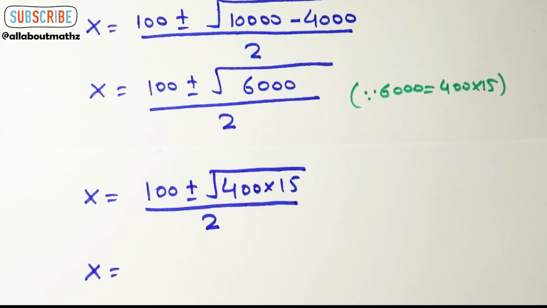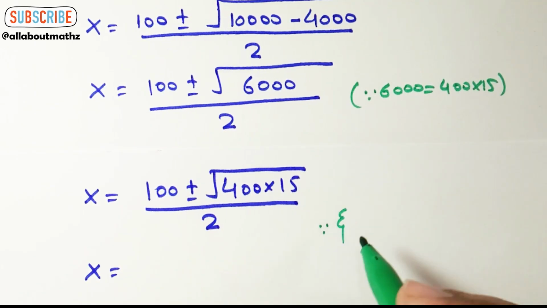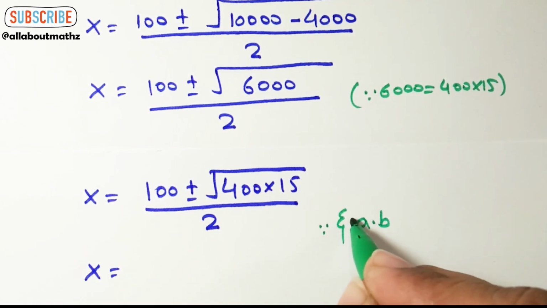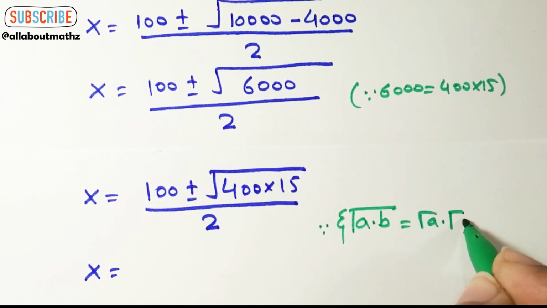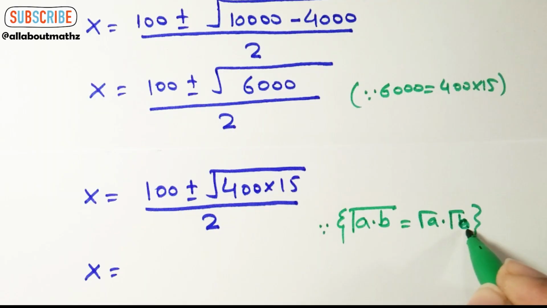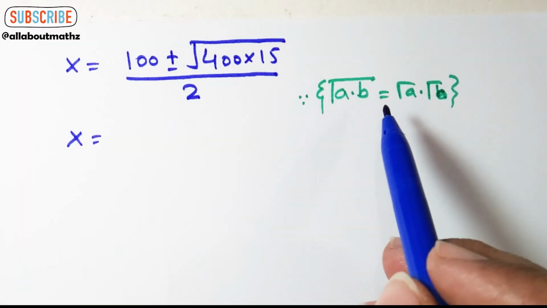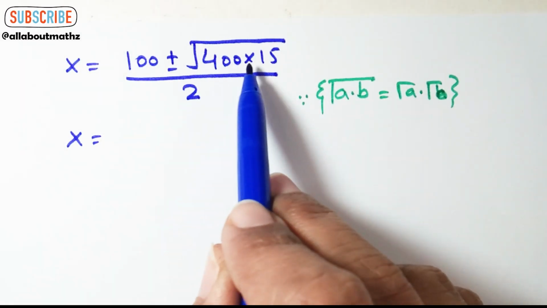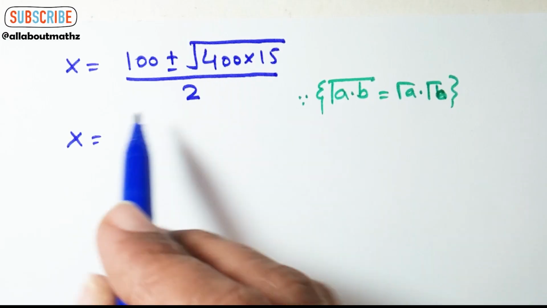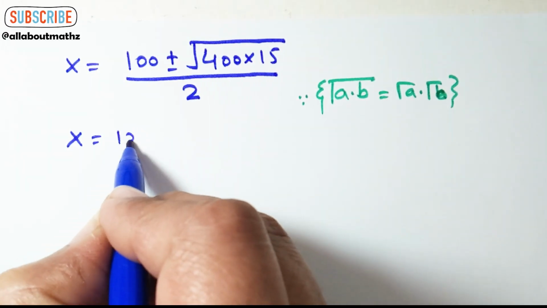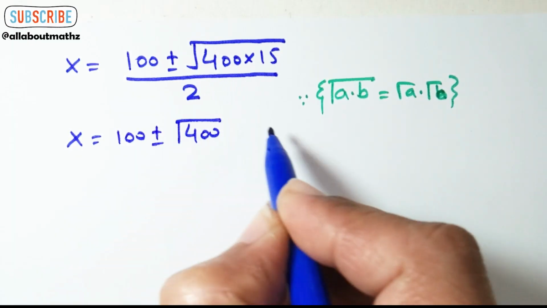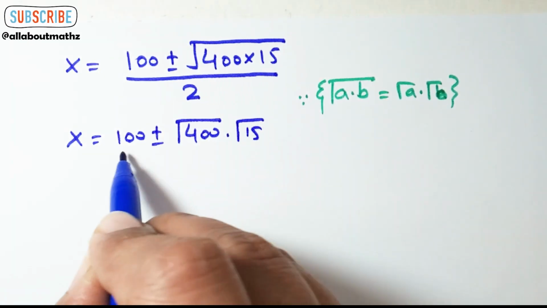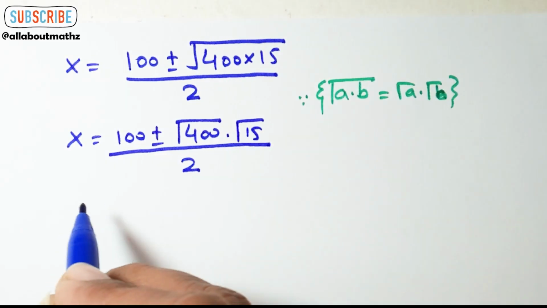And now we will use a simple identity, which is square root of a into b is equal to square root of a into square root of b. So we will apply this identity to this part of the equation, and we have 100 plus minus square root of 4 into square root of 15 all divided by 2.